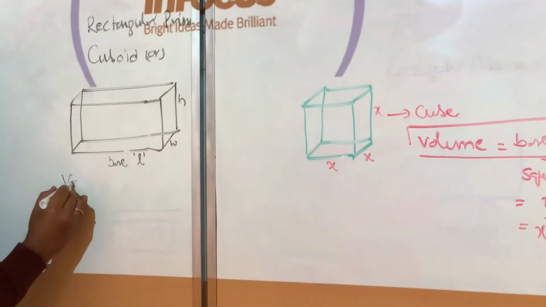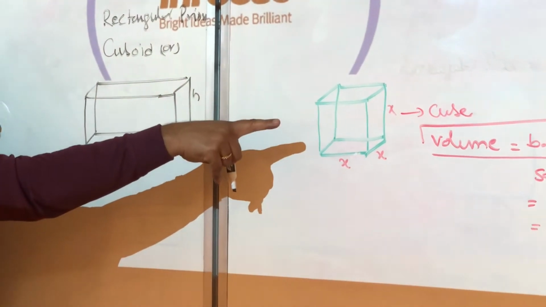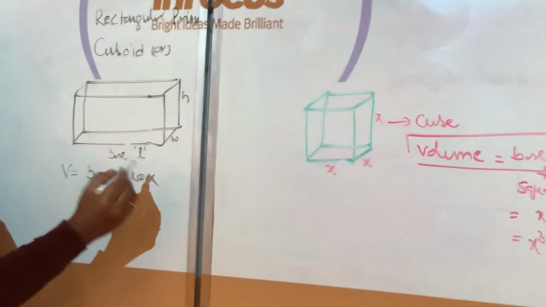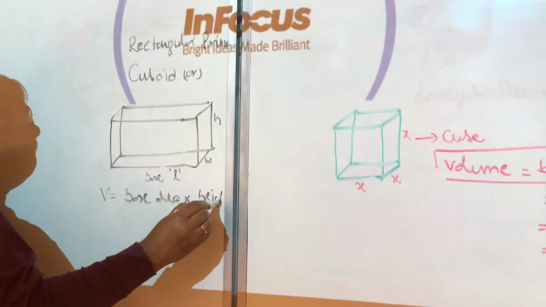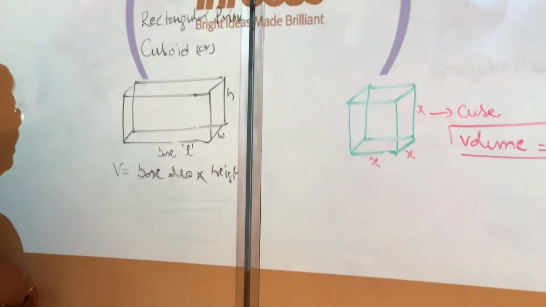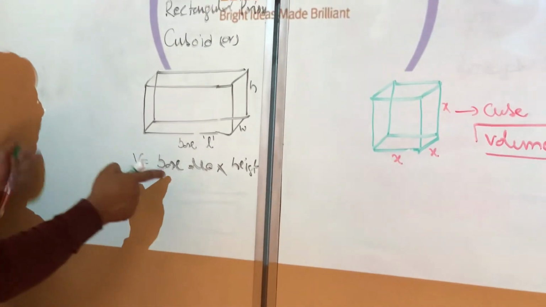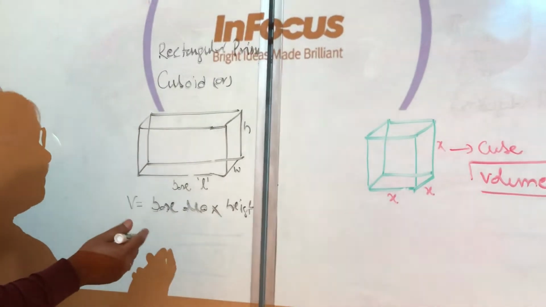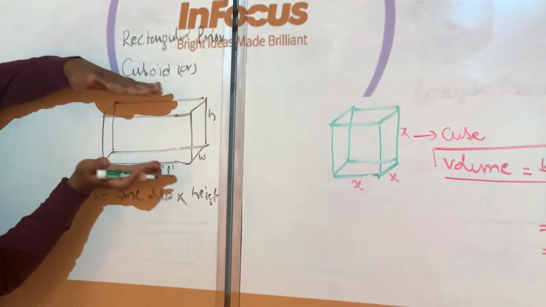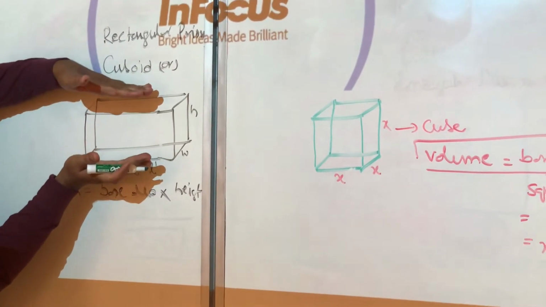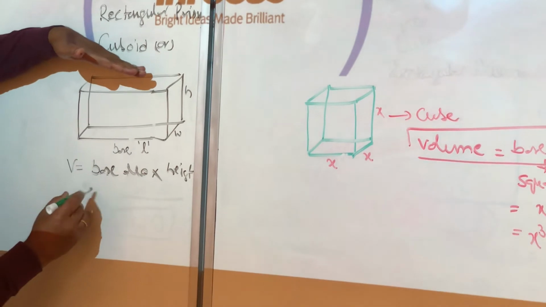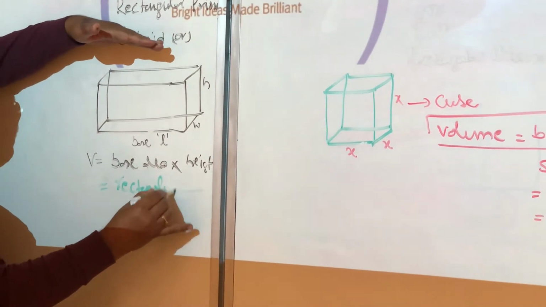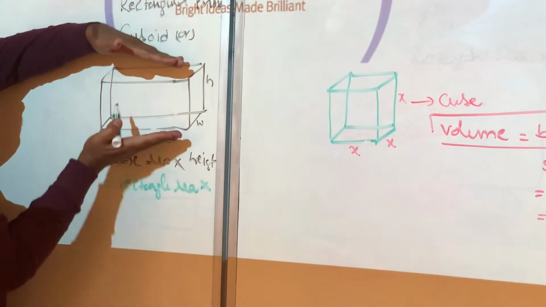If you want to calculate the volume, again, use the same formula that I wrote there, which is base area multiplied with height. Now, how do we determine the base? The base is nothing but the two parallel faces. So I'm going to take these two as my parallel faces, and the face is a rectangle. So this time I'm going with rectangle area multiplied with height.